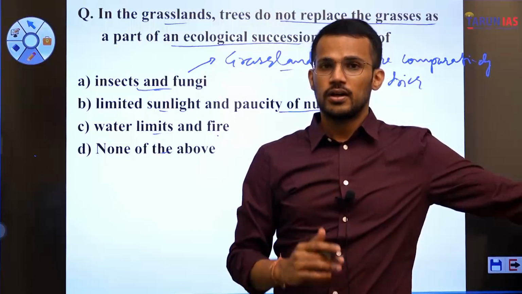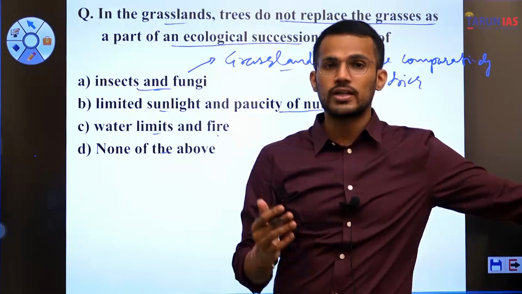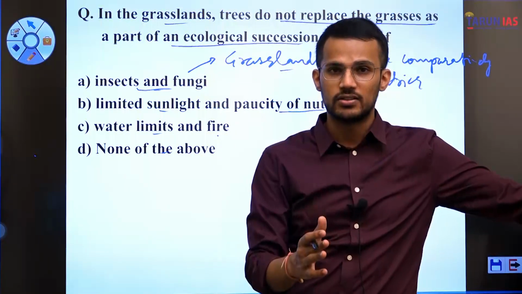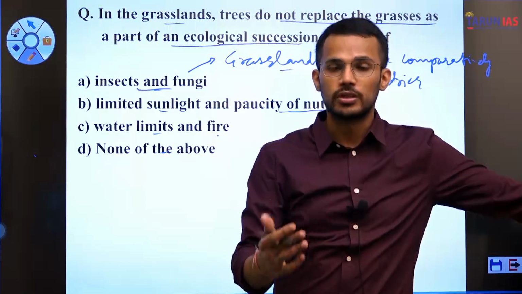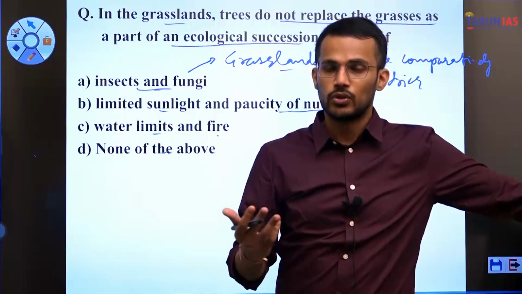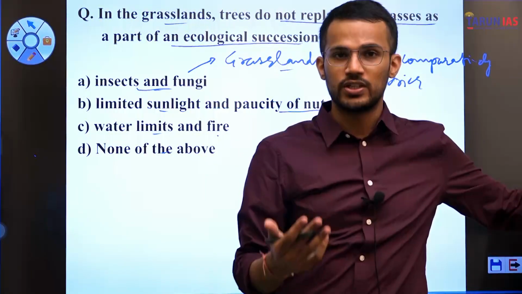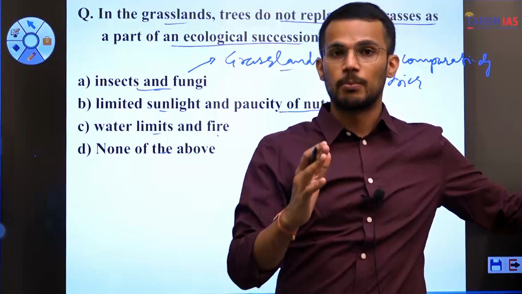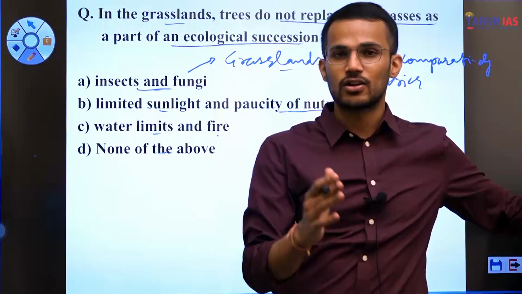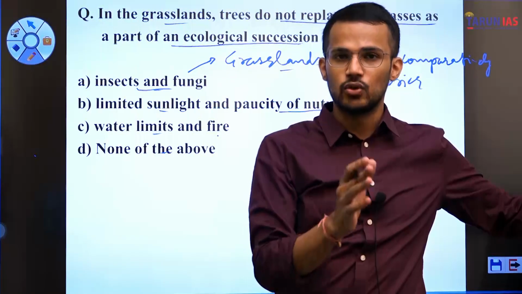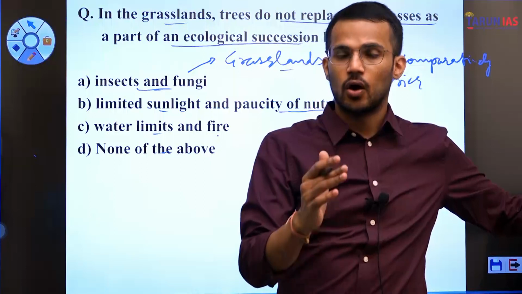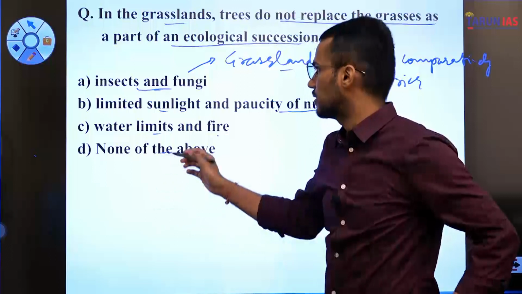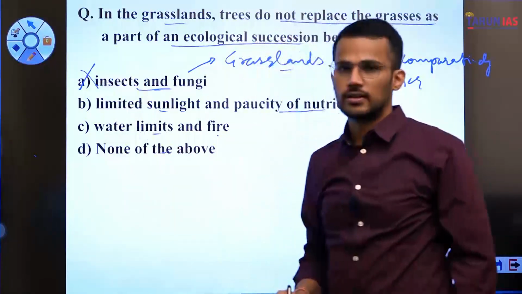And even if insects and fungi grow in grasslands, they will not act as a factor of hindrance for trees to replace grasses, because we know that in tropical rainforest regions, which are an abode for insects, trees are in abundance, and hence there is no concern of insects as a hindrance for the growth of trees, and hence the first statement is incorrect.